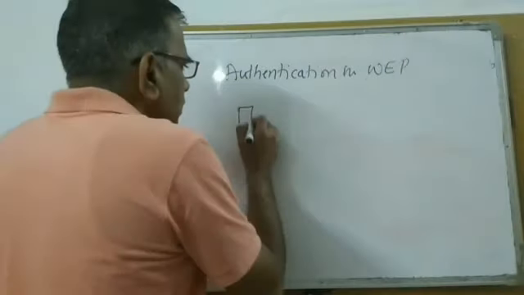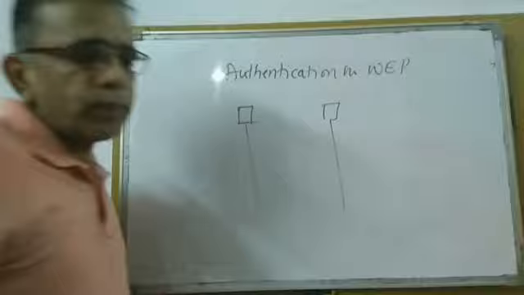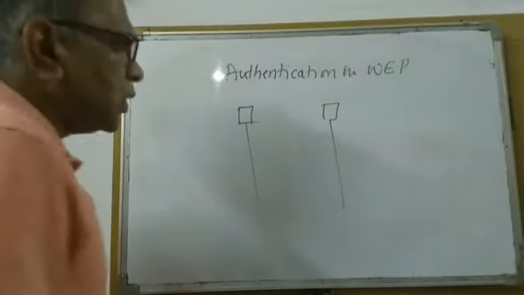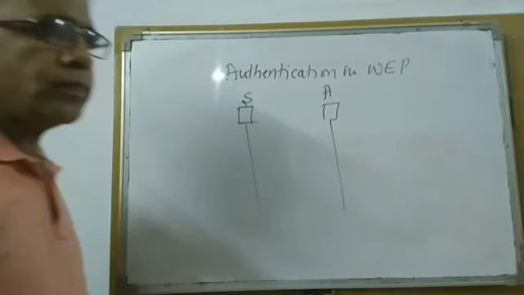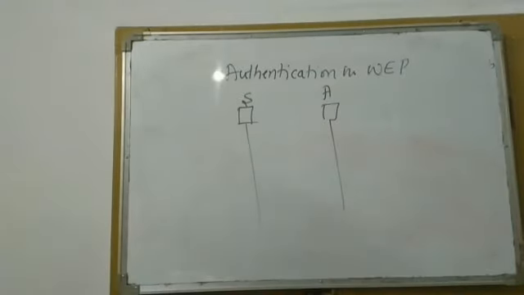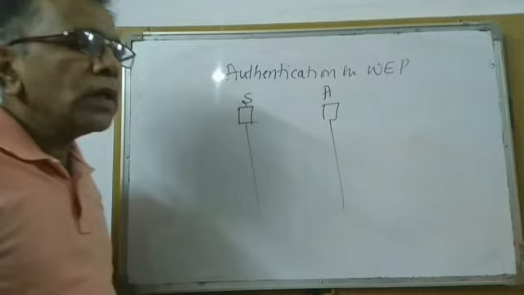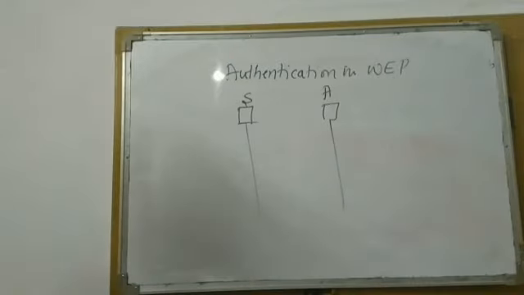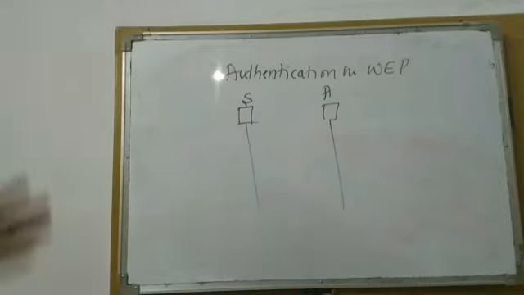Here we are not taking the support of any third party. A station which wants to authenticate itself to an AP is based on a challenge response technique. In WEP, the challenge response protocol is used, which is not that secure.